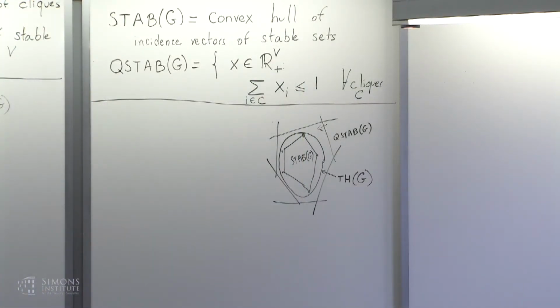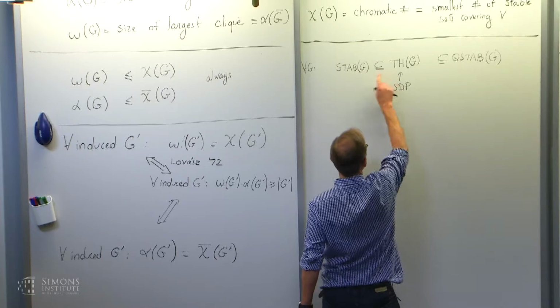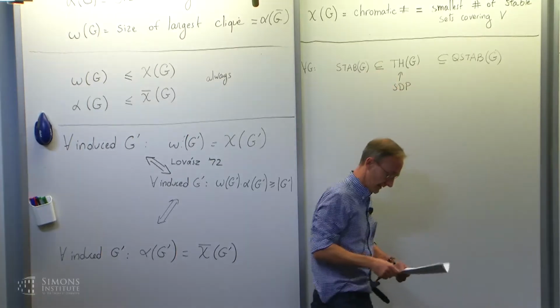And in addition, I mentioned that for perfect graphs, you have equality throughout. So stab of G is equal to Q stab of G, and also, that means that you have equality there.